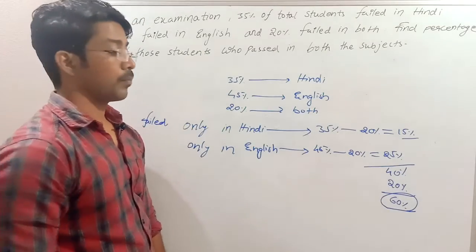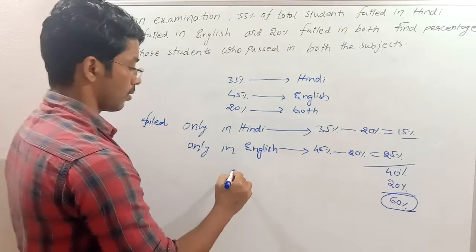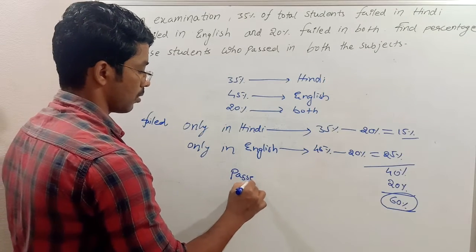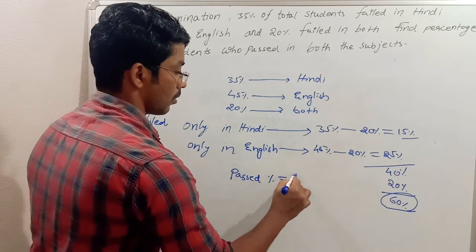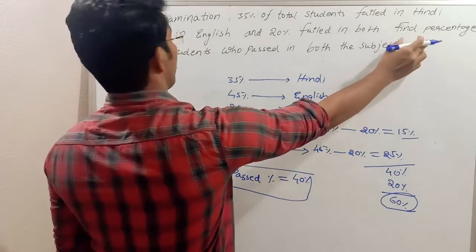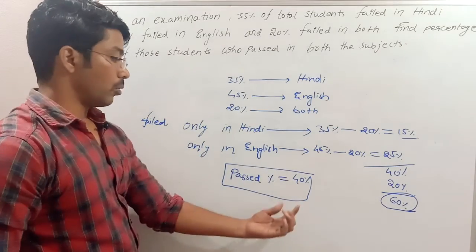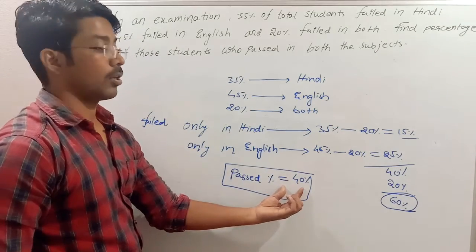The remaining passed students will be 40%. So we found that the percentage of students who passed in both the subjects is 40%.